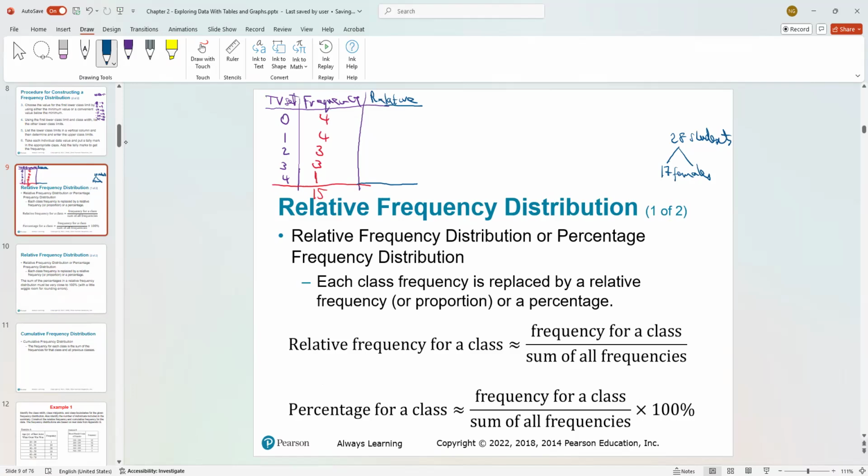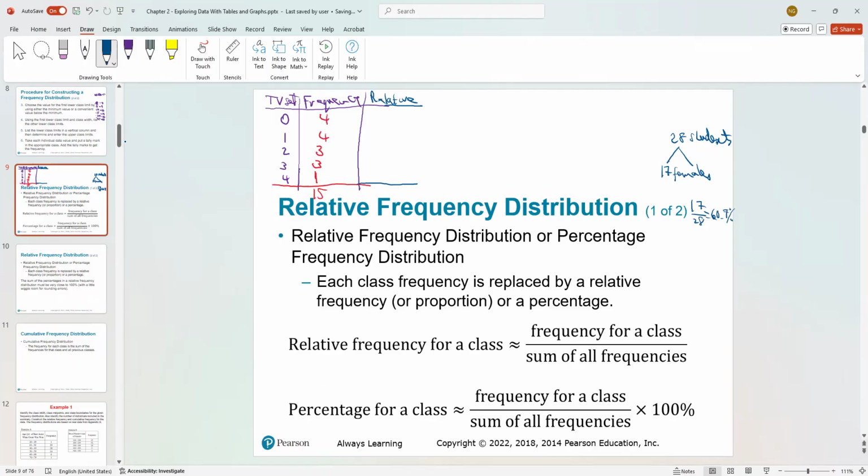How would you find it? Yes, you would take 17 divided by 28. That gives you 60.7% of students in that class who identify themselves as female. So that's what the relative frequency does.